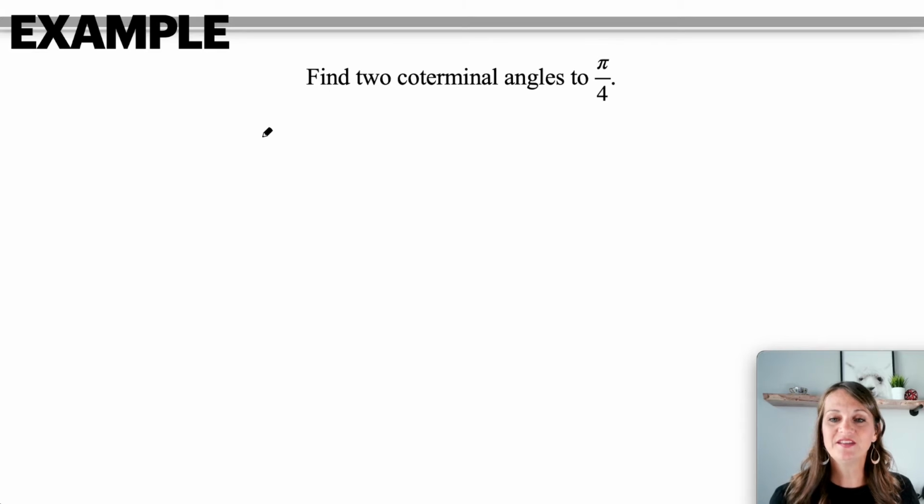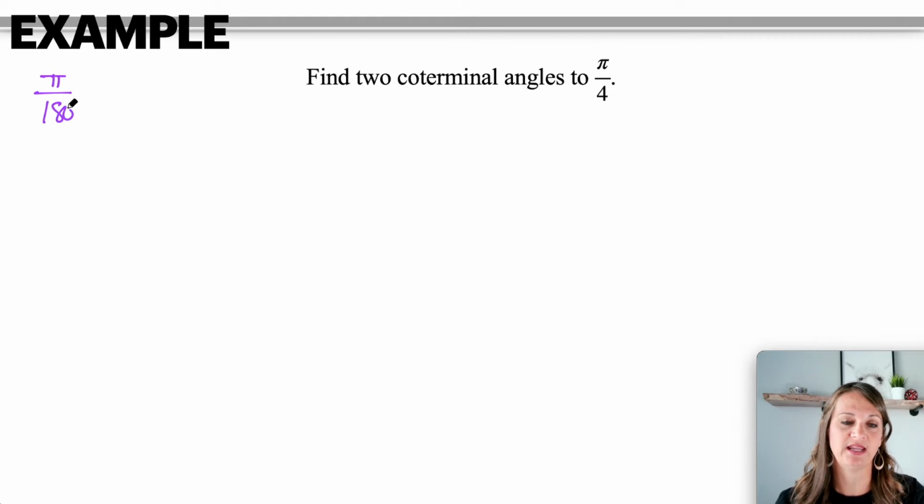Now, what if it is a radian? We talked about that there is a conversion factor of pi over 180 degrees. If you were to double that, because we know 360 degrees is one full circle, if you double 180 to get 360 degrees, then if you double pi, you will go full circle.